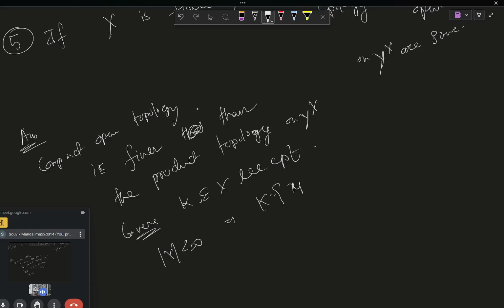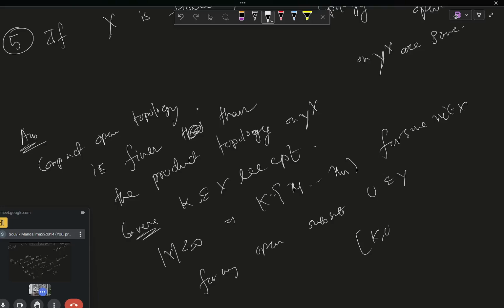K is equal to {x1, x2, ..., xn} for some xi belonging to X. So for any open subset U of Y, the bracket [K, U] is equal to [{x1, x2, ..., xn}, U], which is nothing but the intersection of phi_xi inverse of U, i equal to 1 to n.